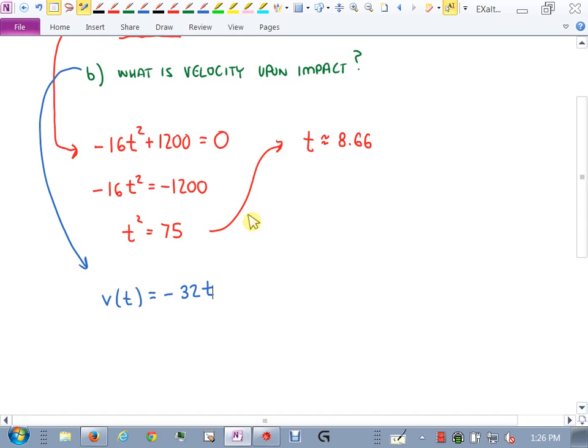So now that I know how long it took, I can just plug it in here and ask, what's the velocity at 8.66 seconds?